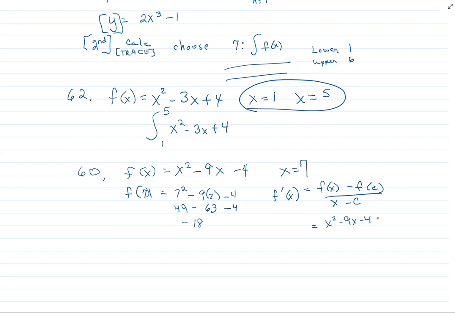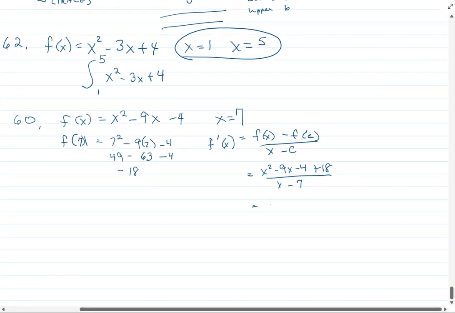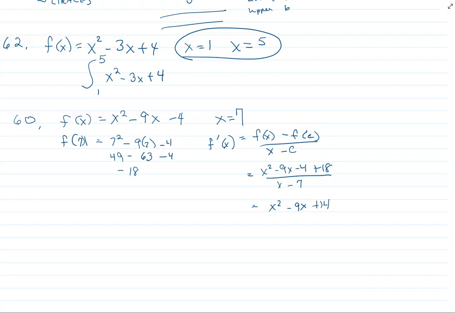X minus the 7. All right. So I'm going to have x squared minus 9x plus 14. That is 7 and 2, and they're both negatives, to get a positive at the end.